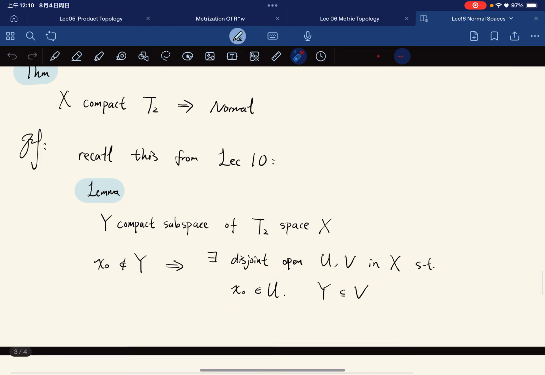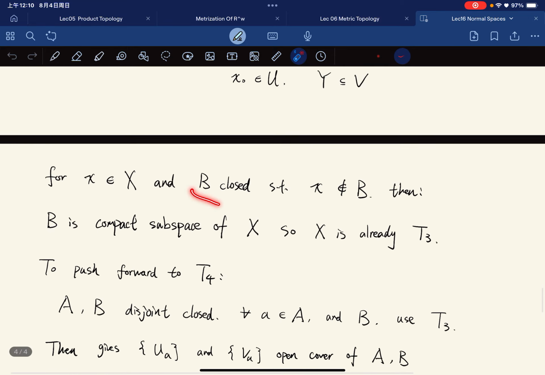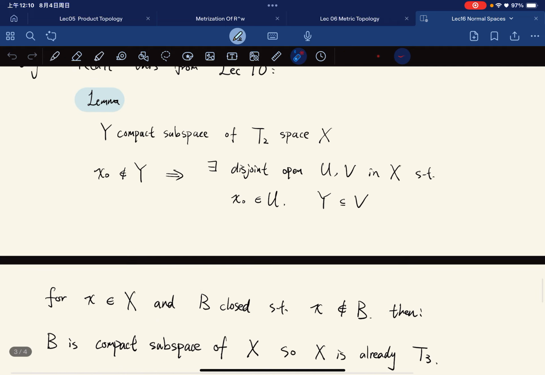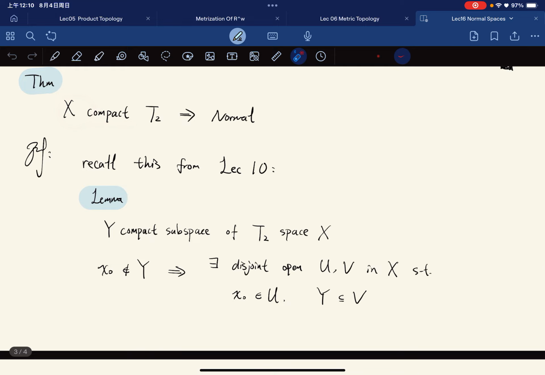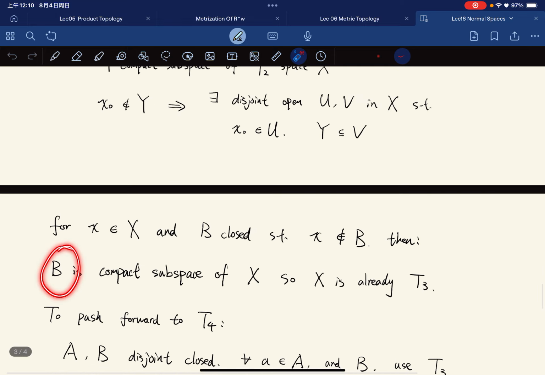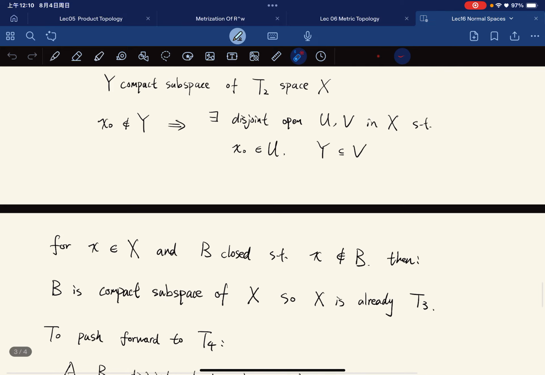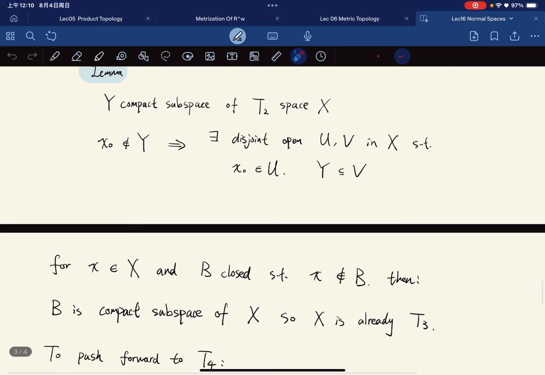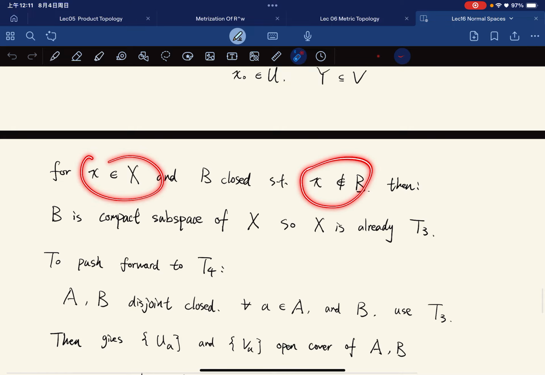So what we can do here is that for any B closed, for any x not in B, B is closed and X is compact, so B is a compact subspace of X. So X is already T3, already regular by the lemma.